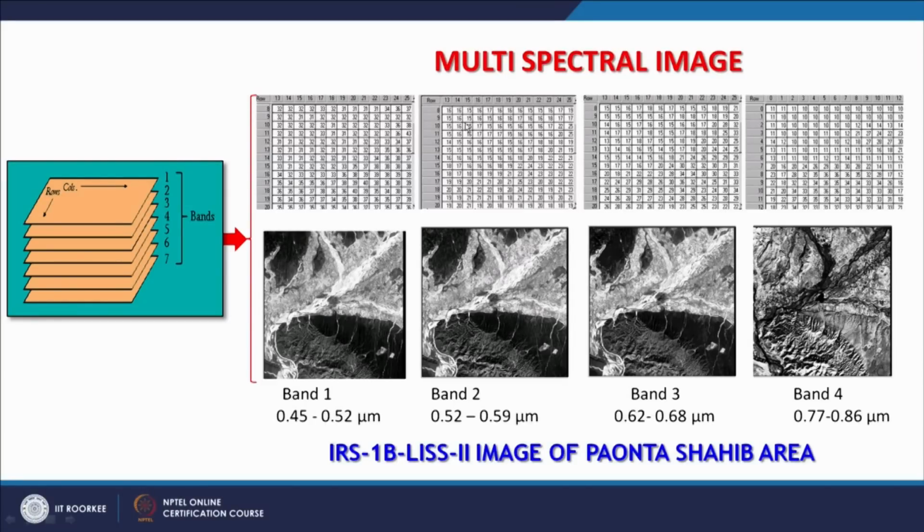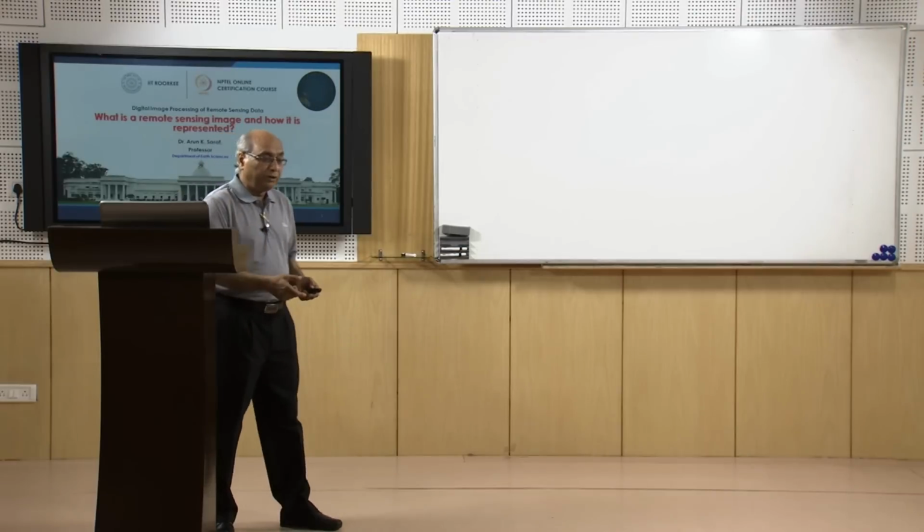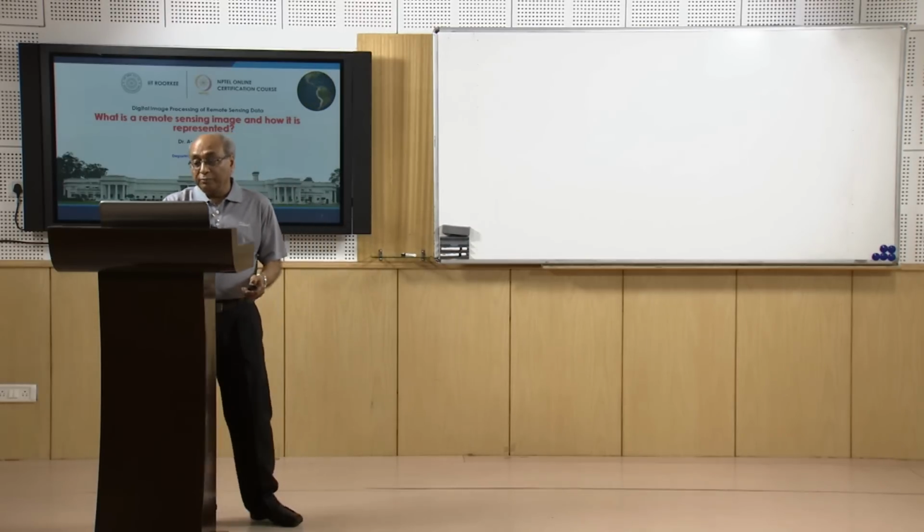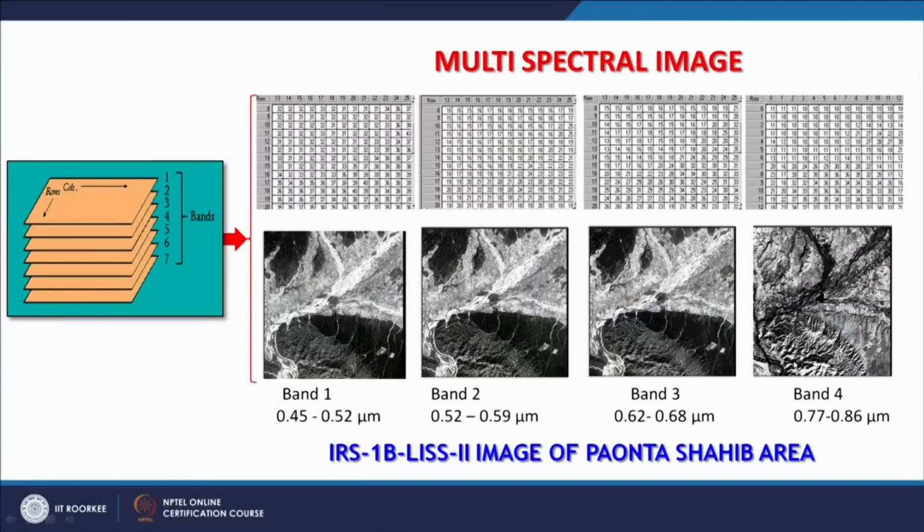So pixel values vary a lot in different channels, because the responses of different objects present on the surface of the earth in different parts of the EM spectrum will be different, and that is why their pixel values also vary. Like in band 4, which is close to the near infrared, the appearance is completely different.